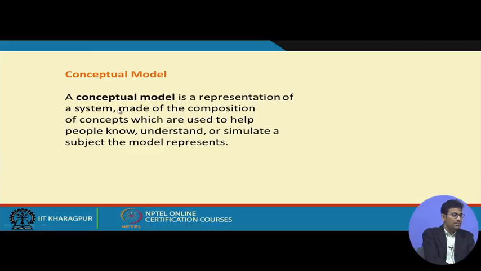So, you are making a composition of this concept, which is used to help people know, understand or simulate a subject that the model represents. Basically, you have created this to help people understand and to encounter it. Okay. So, essentially what you are trying to do is create a concept, a model of that concept, and then help users with that.